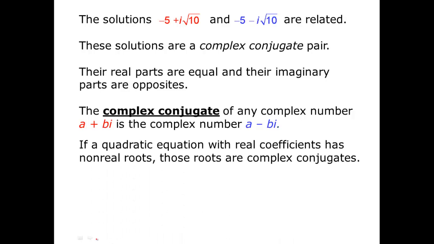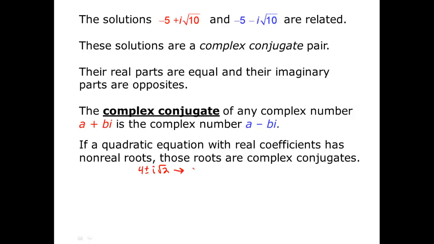If a quadratic equation with real coefficients has non-real roots, so all the examples that we've been looking at where we're getting i as an answer, those roots are complex conjugates. For example, the very last one that we did, our answer was 4 plus or minus i root 2.